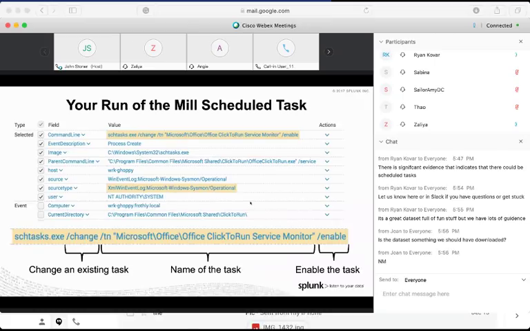I can see the scheduled task command line with the /change, the /tn switch, the /enable, right? And down at the bottom of the screen, using that prior slide commentary, I can see I'm changing an existing task, the name of the task itself, and that we're actually enabling it. So I can put those pieces together to understand what I'm working with.